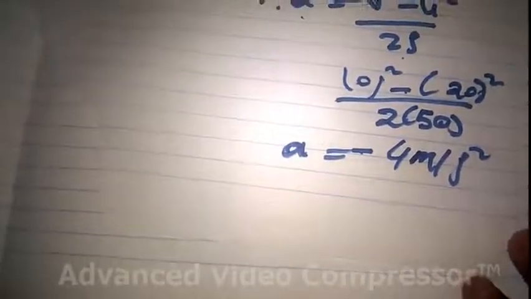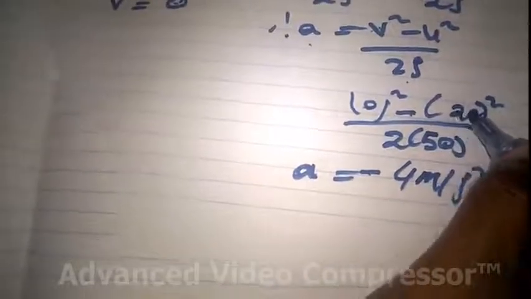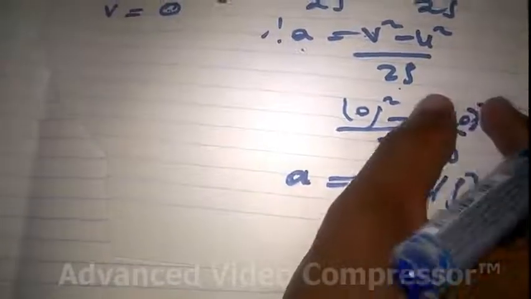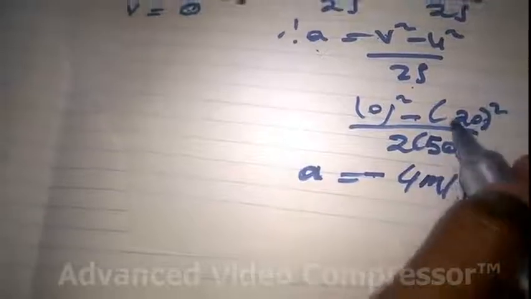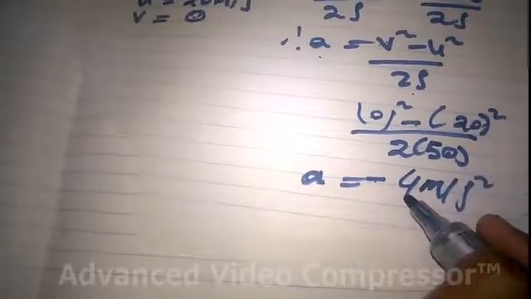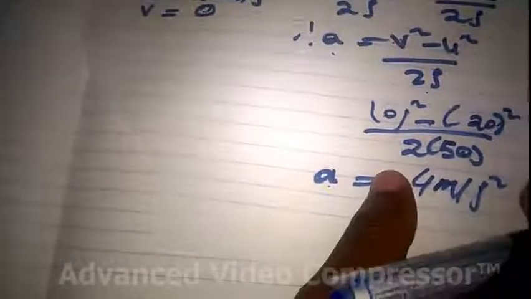This negative comes from here: we have a negative initial velocity squared. When we are substituting this, we just have to put 20 squared in brackets. So this squared is 400, and minus 400 divided by 100 is minus 4. Minus 4 meters per second squared is our acceleration.